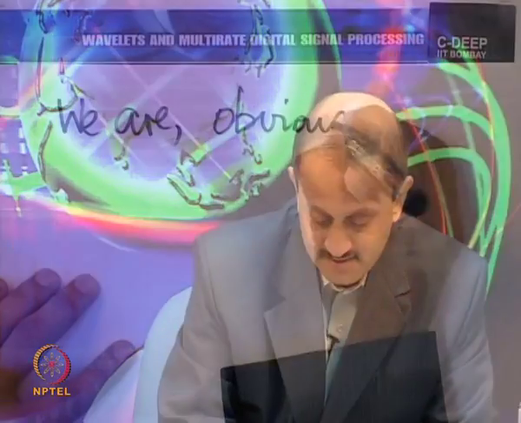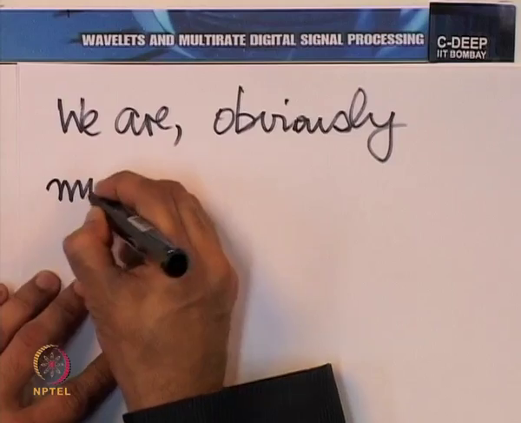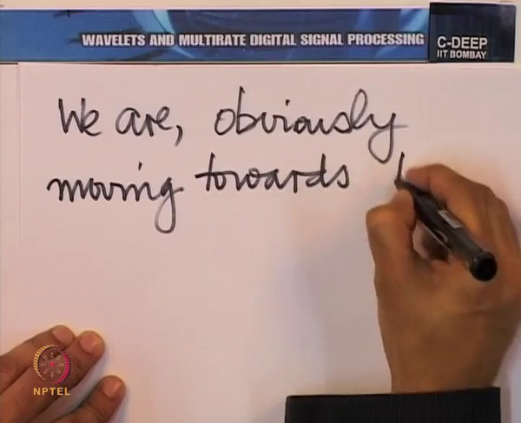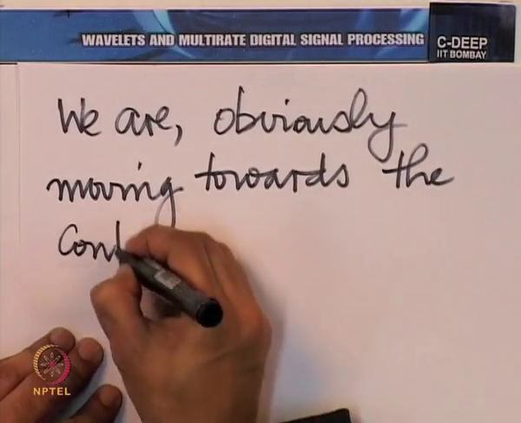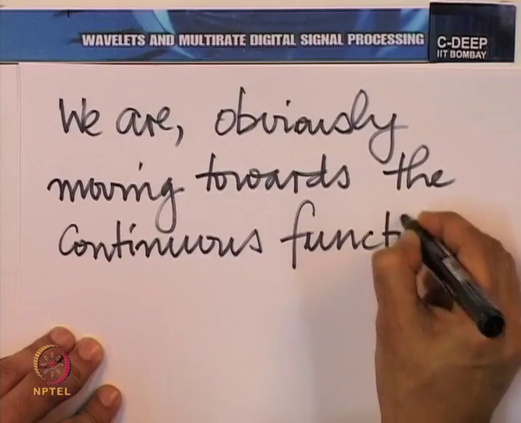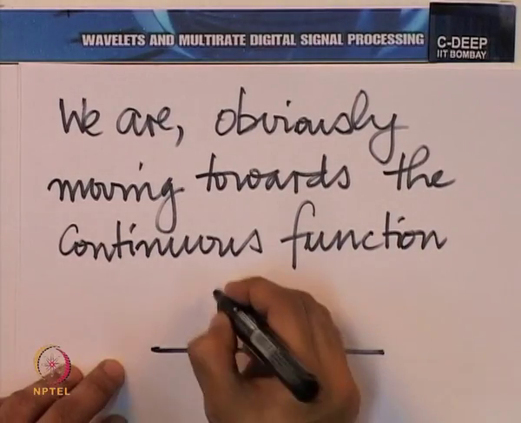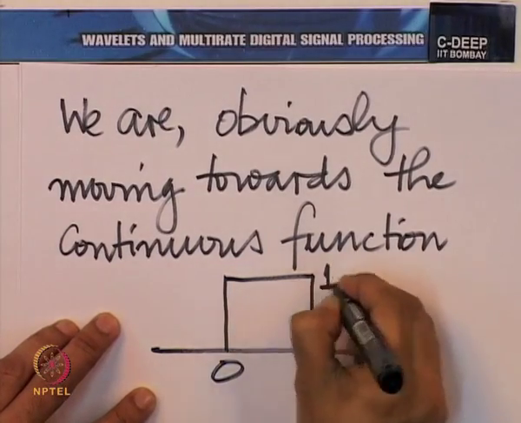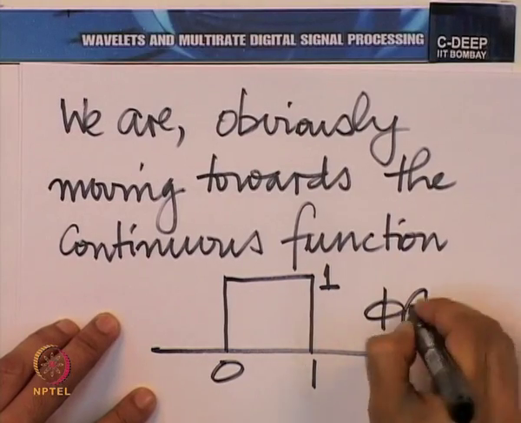And it is very easy to see here what continuous function we are moving towards. It is flat, and indeed it is very clear then that we are moving towards phi t.